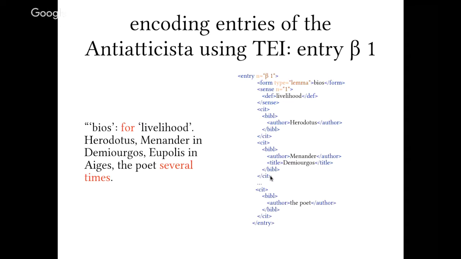It's a word that has several meanings. In this case, the lexicon, with a very short formulation, explains which of these meanings is intended: livelihood is the meaning of bios here.